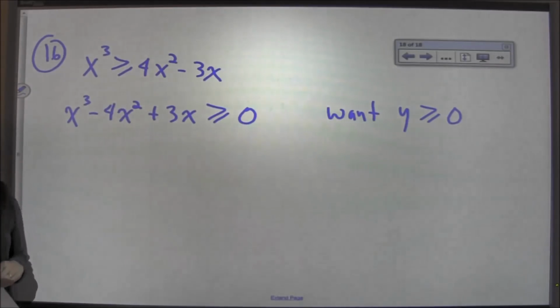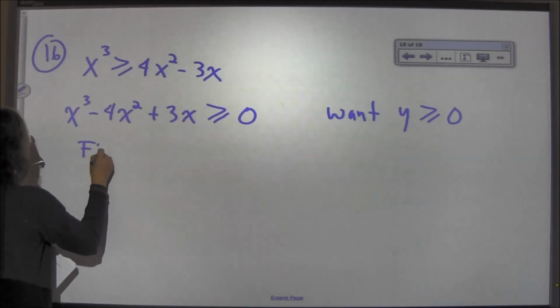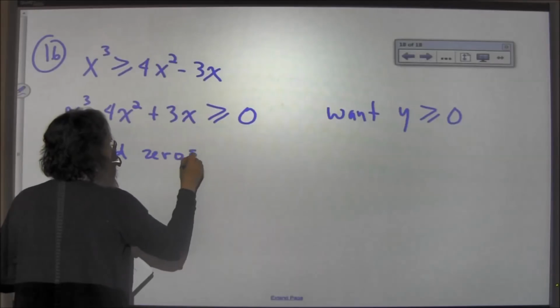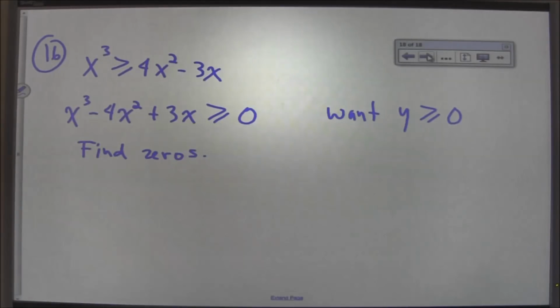Now, the only places where a polynomial function can change sign from positive to negative or vice versa is through the zeros. And so the next thing you need to do once you get it in comparison to 0 is find the zeros. Those are your critical numbers, your critical values. In higher math, they'll call it partition points sometimes.